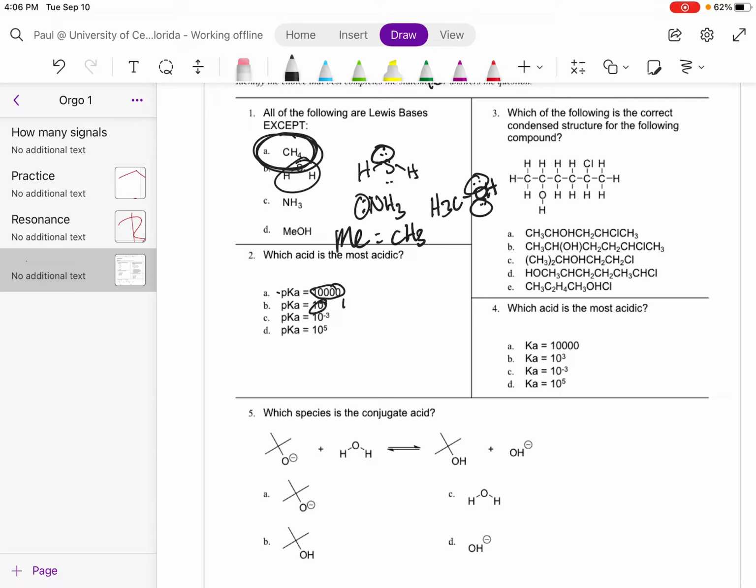This one right here is 1,000. 10 to the negative 3 is 0.001, and 10 to the 5 is, let's see, 1, 2, 3, 4, no, actually, that's 100,000. 10 to the 5 is 100,000. So when you look at all those numbers there, what's the smallest one? Answer C.